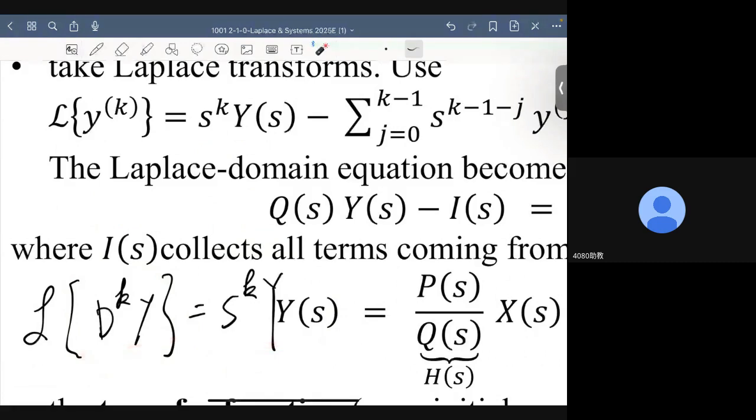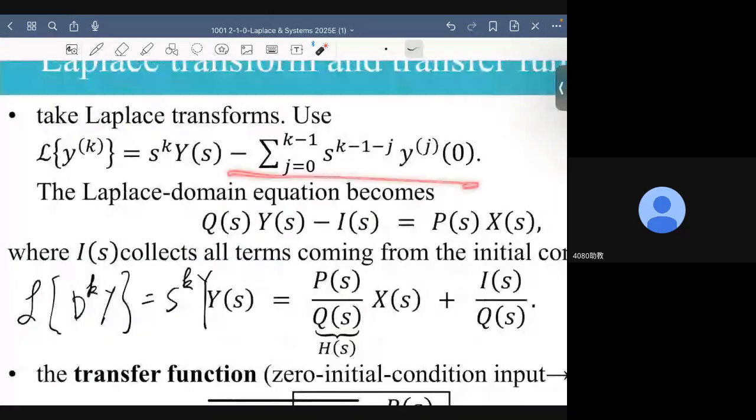Here, the mathematical operation is multiplication. But please keep in mind that on the right-hand side of this equality, in addition to this term, you also have a number of other terms which are made of initial conditions or initial values.